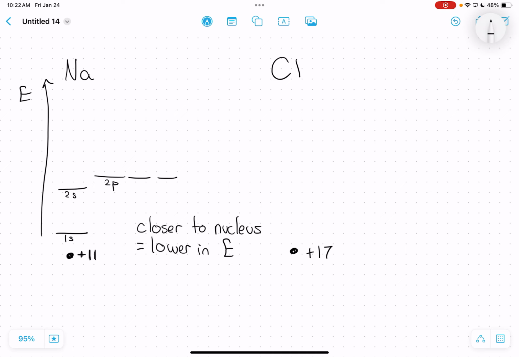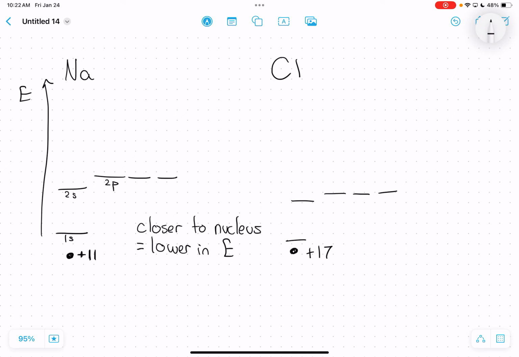The electrons all fill in the same general way. They have the same labels for all of their orbitals. The only difference is that the orbital energy changes slightly based on the atom that we're talking about. So at the very end of Chem 1, we talked about the fact that chlorine is smaller than sodium. Because it has more protons, the electrons get sucked in tighter.